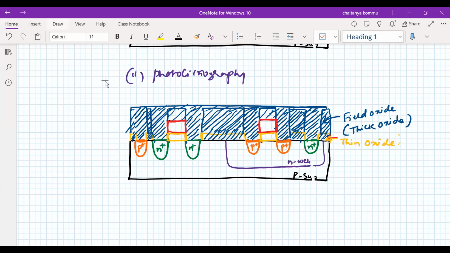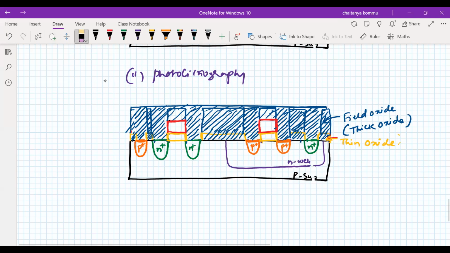So somehow I can say that I can remove these portions with the help of this. A small portion of that is required to be removed. So this small portion also gets removed by using hydrofluoric acid. A small portion gets removed. So here also we have to remove.